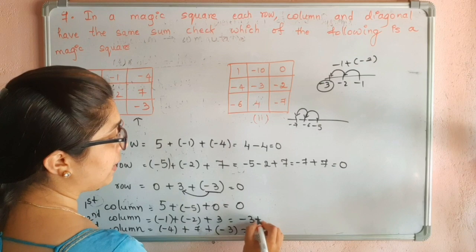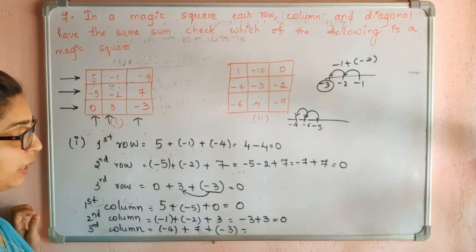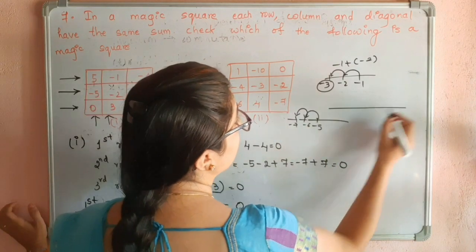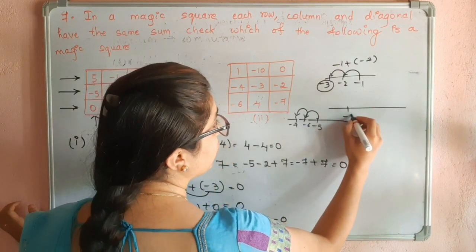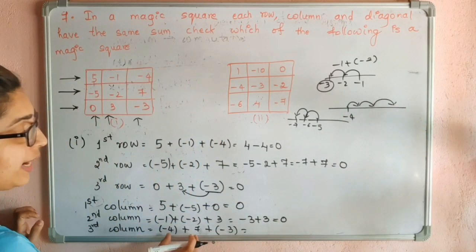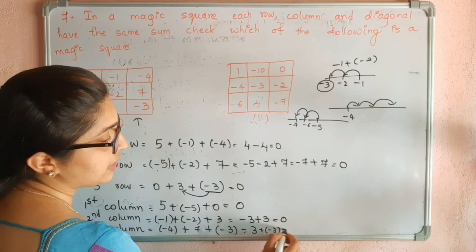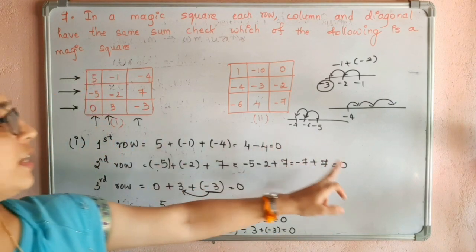Minus 3 plus 3, again this is 0. Next minus 4 plus 7: you can go 7 units rightwards, so that you will get 3. 3 plus minus 3, again it is 0. So everywhere you are getting 0.